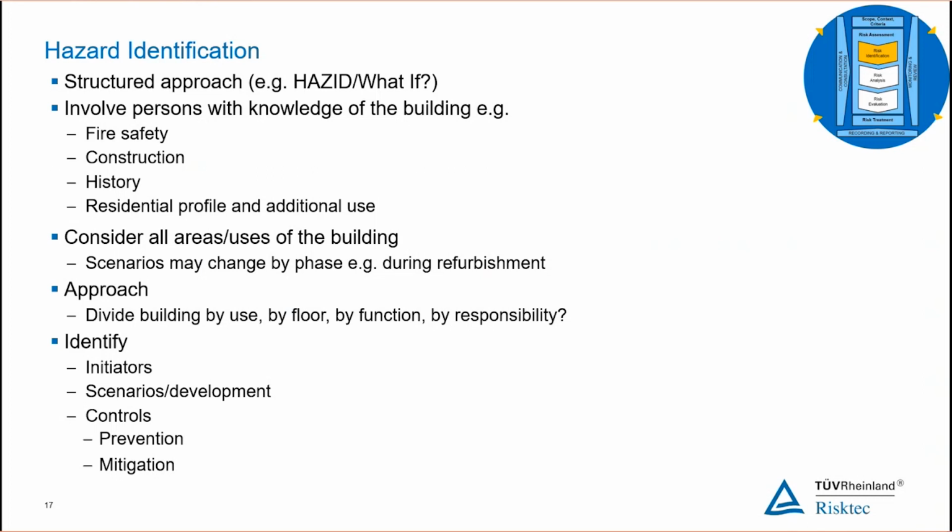So I've always talked about this idea of knowledgeable people. Most of the time, when we're doing a hazard identification, we're looking at our building against a series of checklists that prompt discussion to identify: does this risk actually exist at that point?